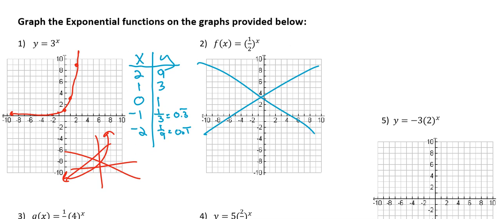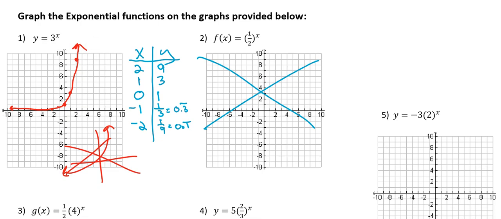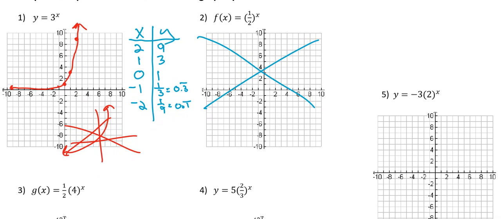It should be above that y-axis. And again, we're going to skip 2. And again, we would know this was growth because the number going to the power is greater than 1. As long as that number going to the power is greater than 1, it would be considered growth.